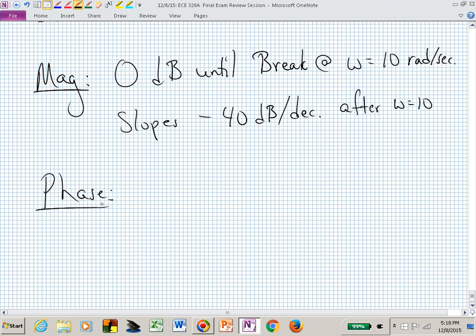What's the phase look like? Well, now again, you could write down these three amounts, but we now know that since it's a quadratic, it's going to go from 0 to minus 180 because it's two poles. It's going to be at 0 at what frequency?